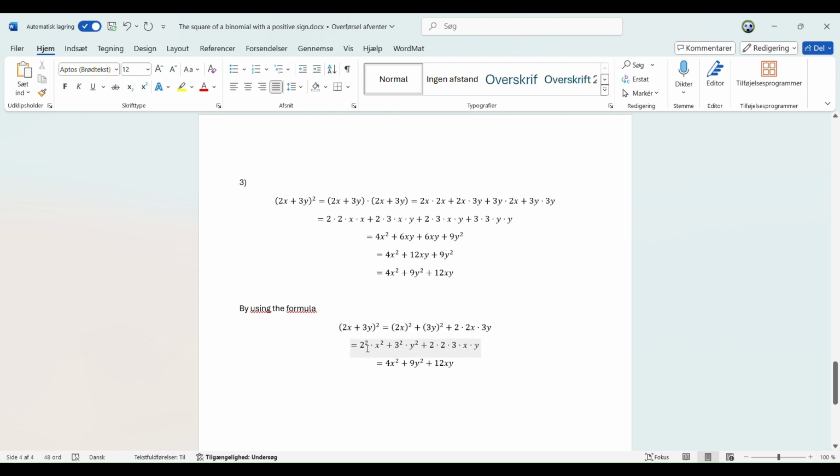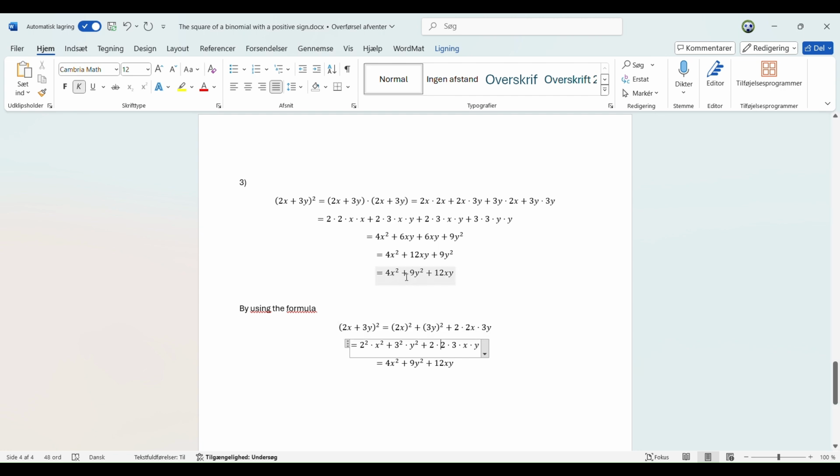So 2 squared times x squared plus 3 squared times y squared plus 2 times 2 times 3 times x times y, the numbers in front and the letters in the back. 2 squared is 4, x squared is x squared, 3 squared is 9 times y squared, and 2 times 2 is 4, 4 times 3 is 12xy.